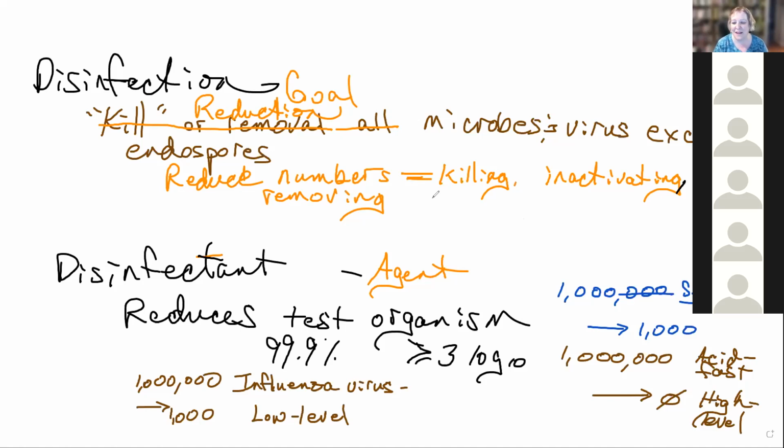Yeah, I think the one is correct. I think I can understand better that disinfection doesn't kill endospores. Right. But we could remove endospores, but if we don't remove 6 log, then it's still disinfection.